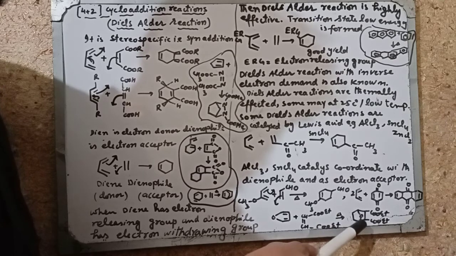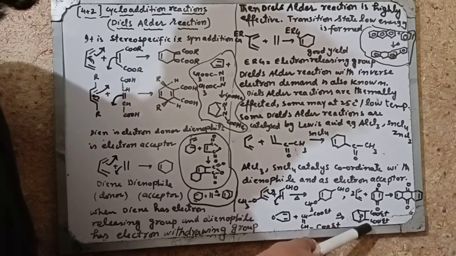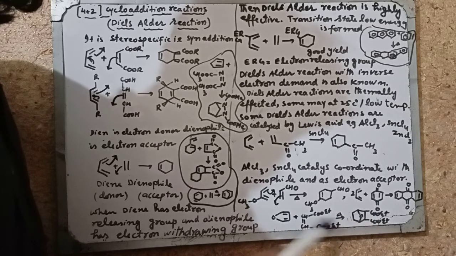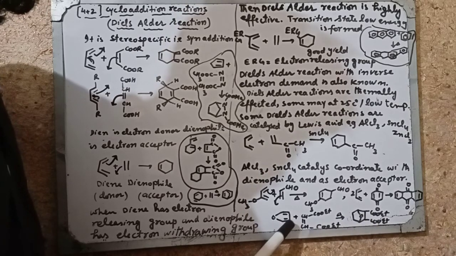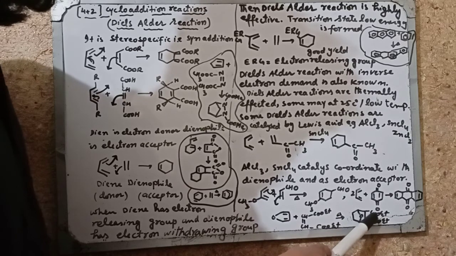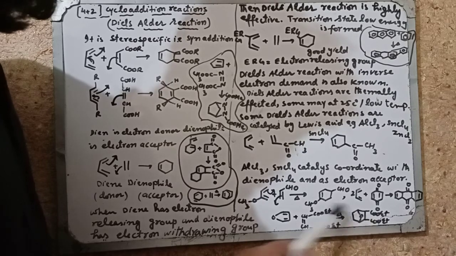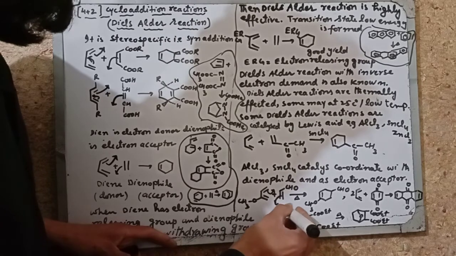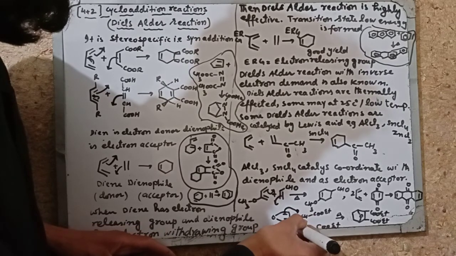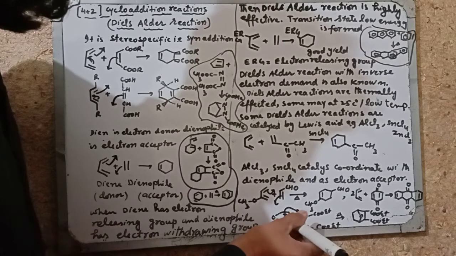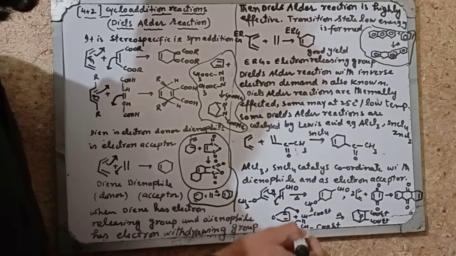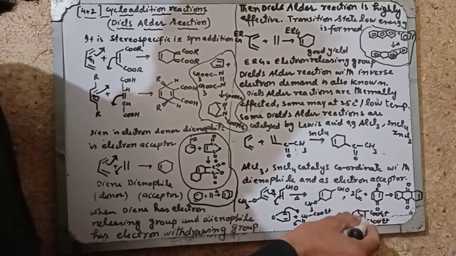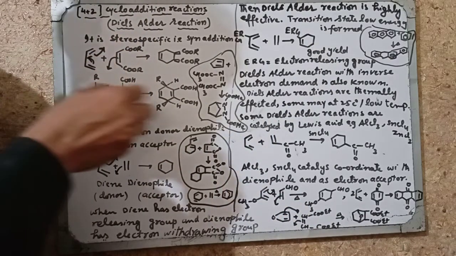This is the diester. The substitution occurs at this carbon and this carbon. This is the oxygen atom which is already attached on this carbon and this carbon. This will shift here and this will shift between these two carbon atoms. So this will become a ring like this. And many other examples are also given.